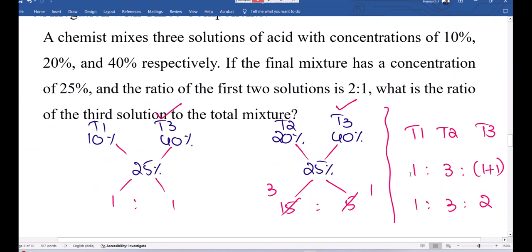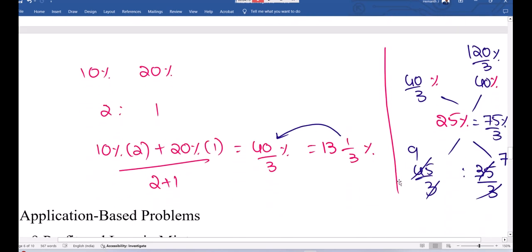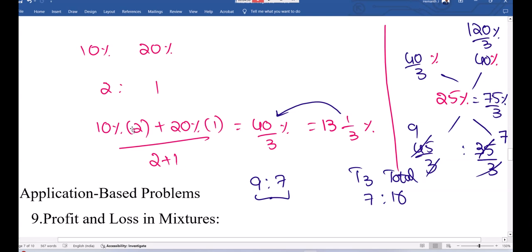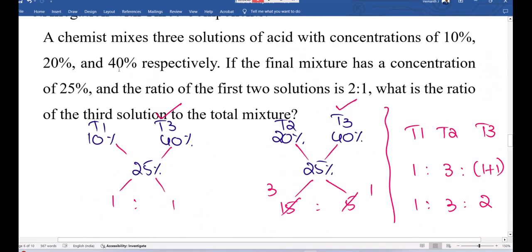Now the question is what is the ratio of the third solution to the total. The third will be 7 and the total will be 16. This is already mixed and the result is obtained, so there is no need for the first two. So with 9:7, the result will be 7 and 16, the third one out of the total, as the total is 9 plus 7 and the third one is 7. So 7 and 16 is the result for the ratio of the third solution to the total mixture.